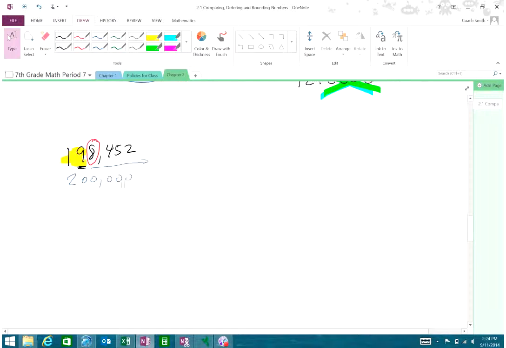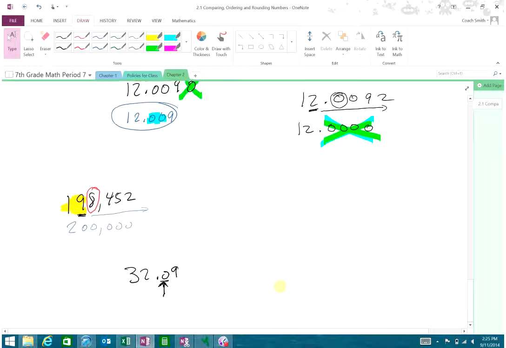All right, I want you to round this one, 32.09, and I want you to round it to the nearest tenth, which is this digit right here. So round 32.09 to that digit right there.